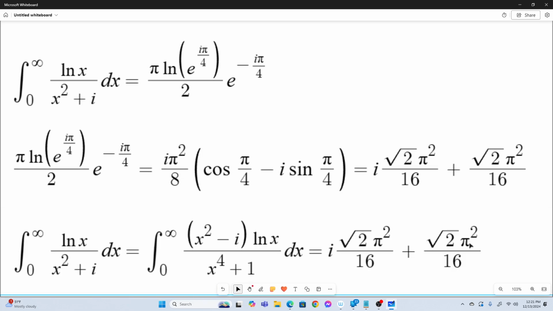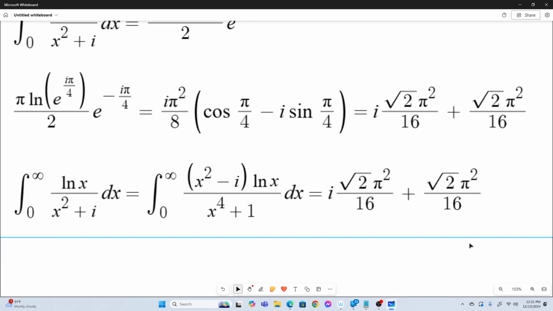All right, and we are pretty much done. So don't forget that this whole thing was equal to this integral right here. And we can rewrite this integral like this simply by multiplying the top and the bottom by x squared minus i. So now we have this, and we're pretty much done.